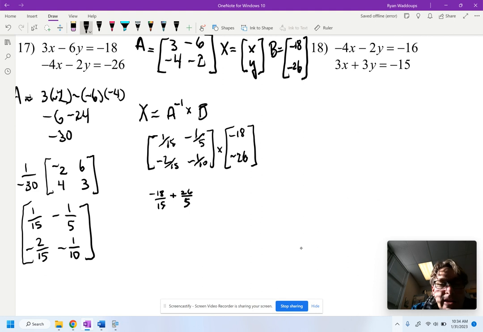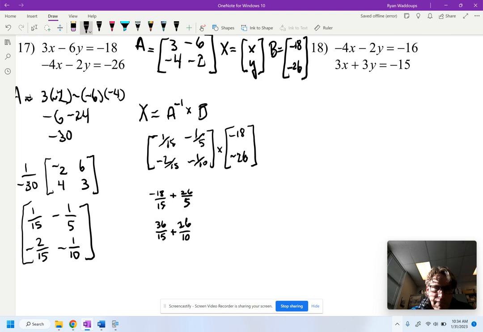And then for the second column, we'd take negative 2/15 times negative 18, negative times negative positive. 2 times 18 would be 36 over 15. And negative 1/10 times a negative 26, that's negative times negative positive, and we get 26/10. And those would be added together. And then we can just put those in a calculator, see what we get.